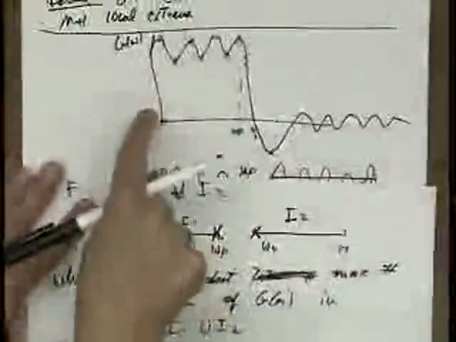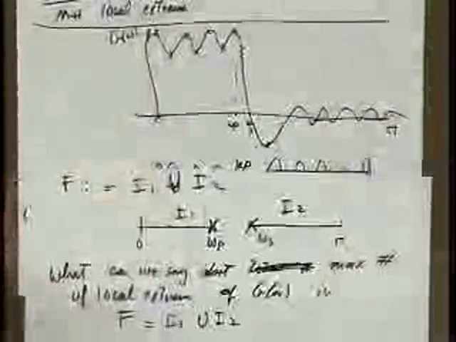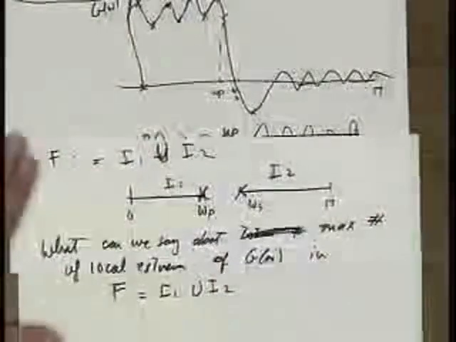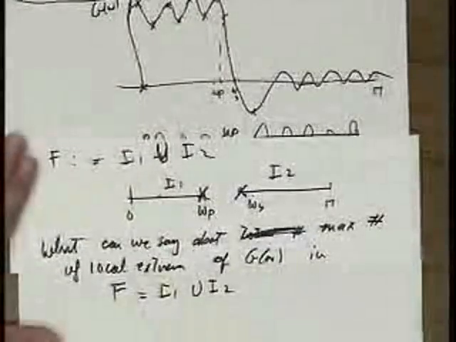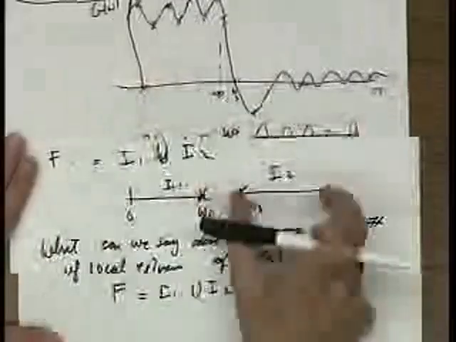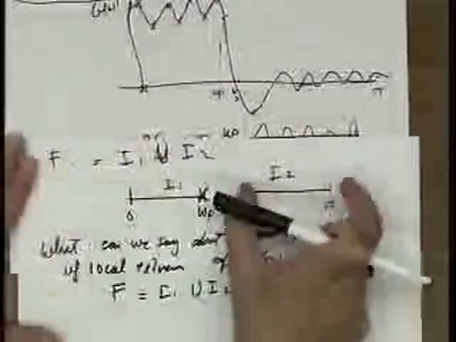It used to be m plus 1 from 0 to pi. But now omega p and omega s can also be extrema if we are only concerned about G of omega in the union of those regions. So m plus 1 plus 2 is m plus 3.